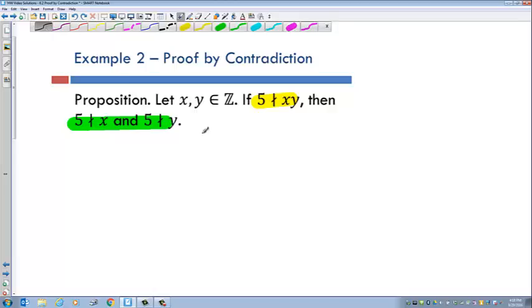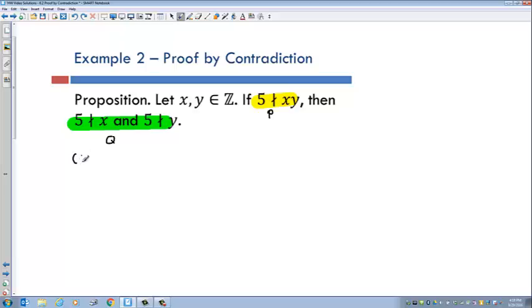So let's write this down. This is our P, and this is our Q. And we want to do this by contradiction. So what we want to show is that P and not Q will imply some sort of ridiculous statement, R and not R. And we don't know what R and not R are right now until we actually do the proof.